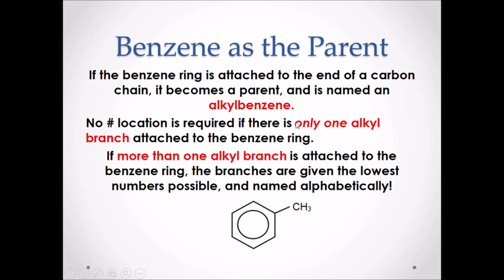If more than one alkyl branch is added to the benzene ring, the branches are given the lowest numbers possible. And remember, they are named alphabetically. The name of the molecule below is methylbenzene. That is because our parent is the benzene structure, and we have one carbon branch coming off of the benzene structure, which will be a methyl.